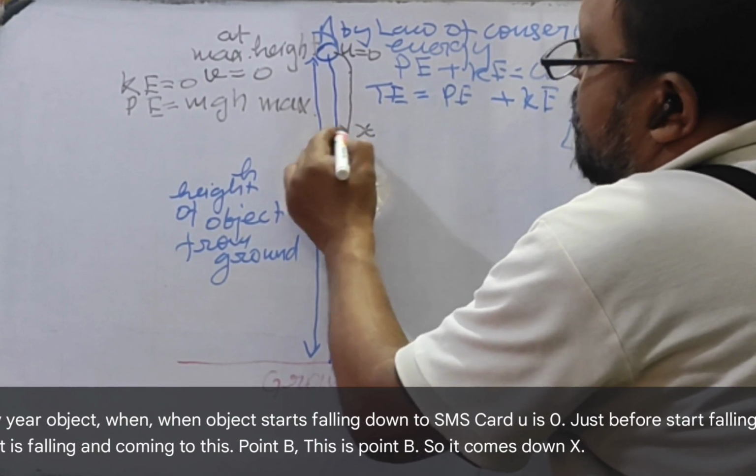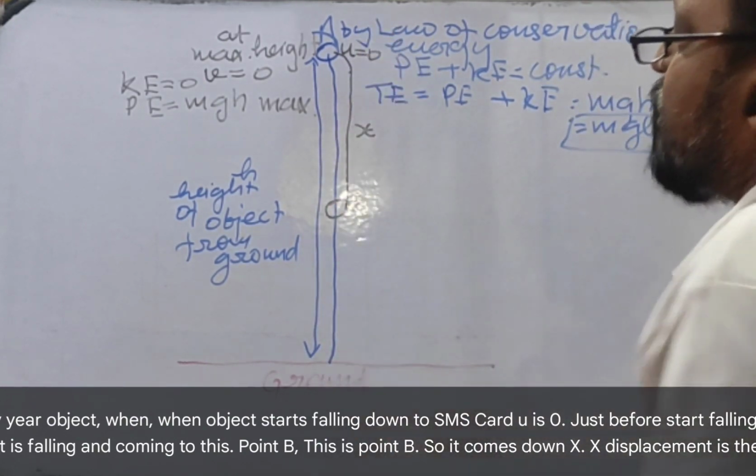X displacement is there, vertically x height, it comes down. Right?